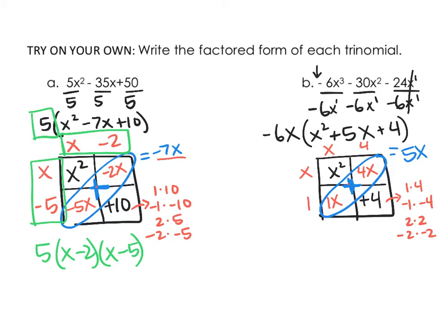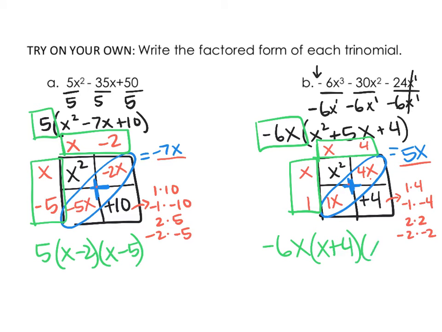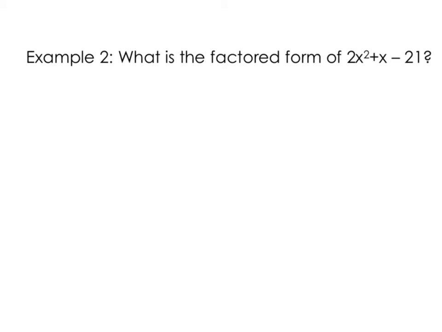And if I add those together, it adds to be a positive 5x. So I have my solutions here. I have my x plus 1, my x plus 4, and that GCF that I can't forget about. So my answer would be negative 6x times an x plus 4 times an x plus 1.